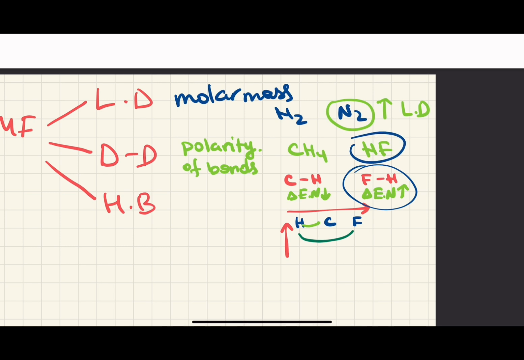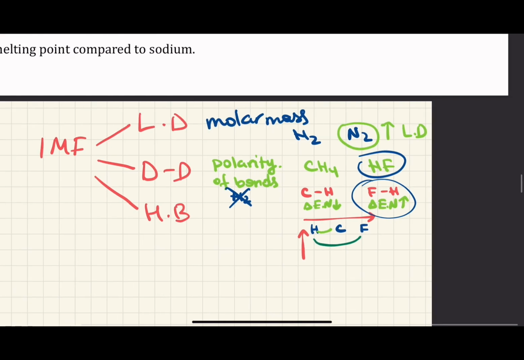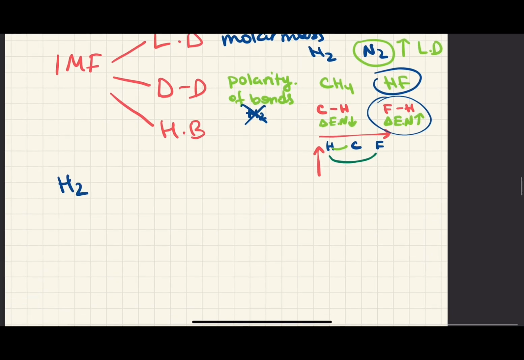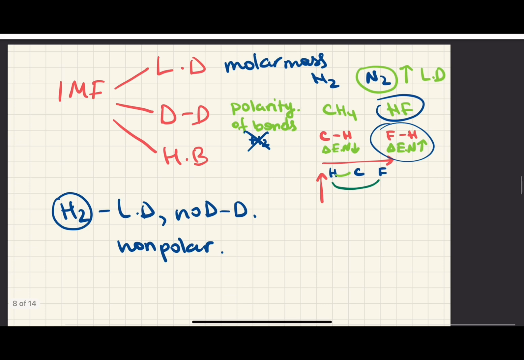So for the polarity, you need to have more than one element, right? We know that, for example, H2 is not polar, so H2 only has London dispersion force, no dipole, because there is no polarity, it's a non-polar molecule. Now for hydrogen bonding, we told you about this, NOF.